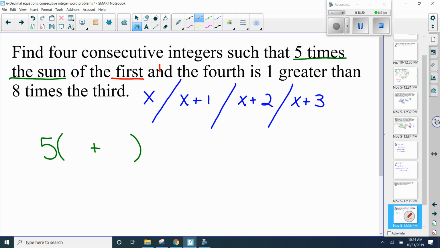The first and the fourth. What's your first? X. What's your fourth? X plus 3. So it's 5 times the parentheses. Sum is add the first and the fourth together.